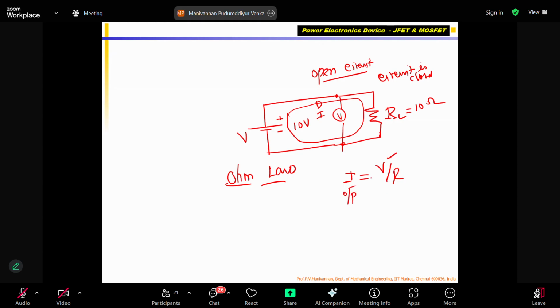R is the property of the circuit, which is nothing but resistance. So input divided by resistance gives the current.